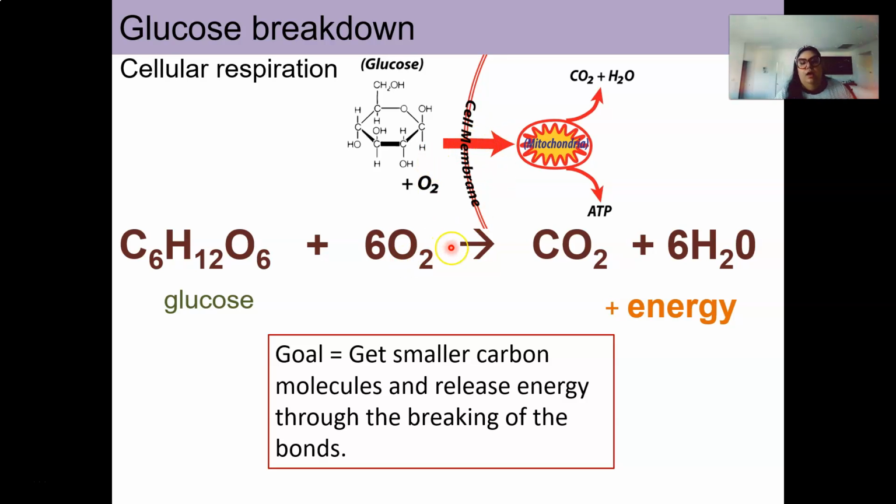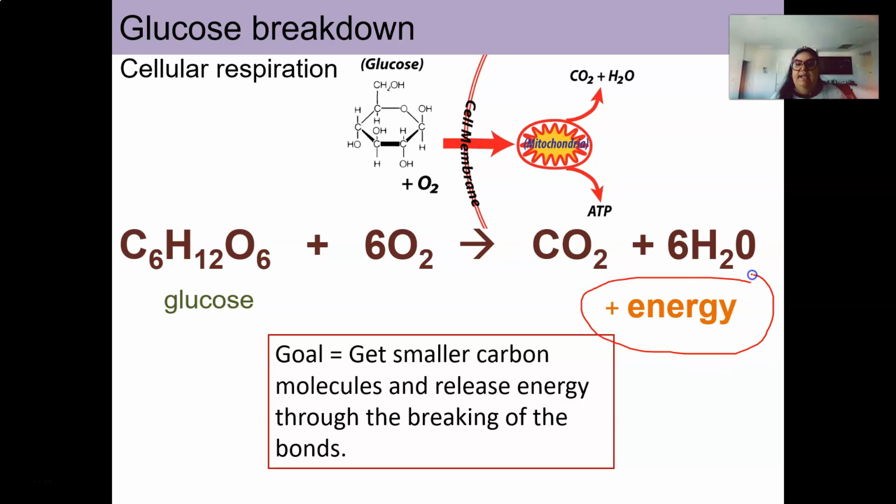And then it goes in through our body, and then it gets transported to all of our cells. Namely, the big part of our cells, the mitochondria. And it gets converted to CO2, carbon dioxide, water, and most importantly, it gets converted to energy.